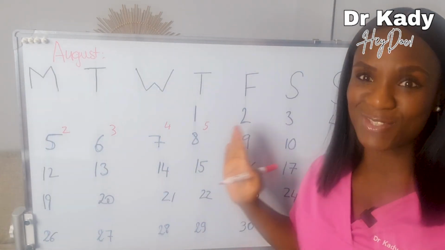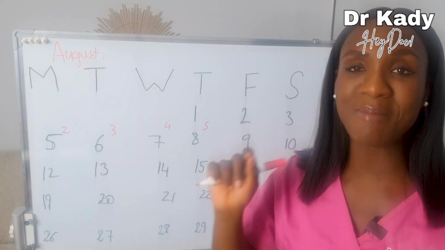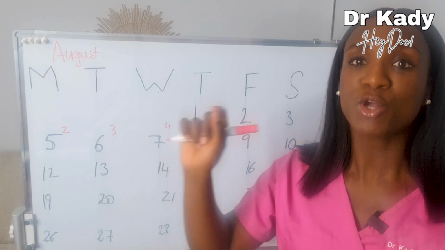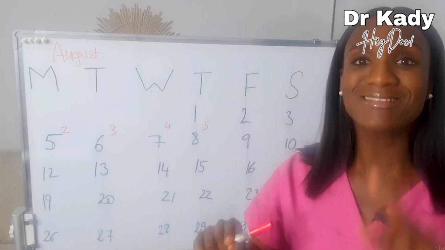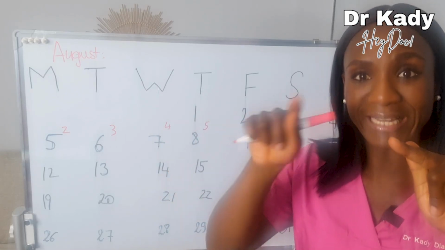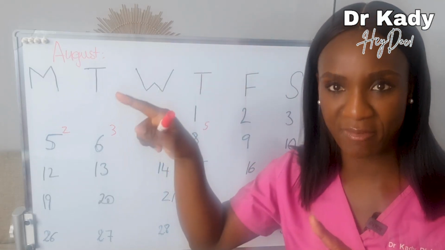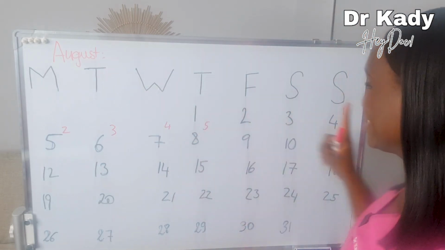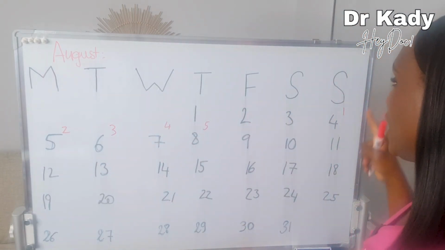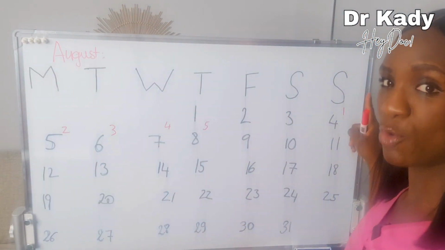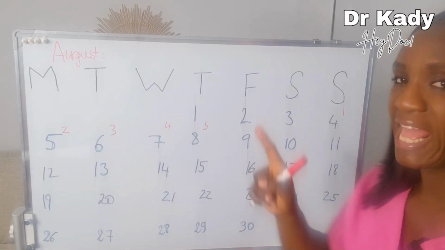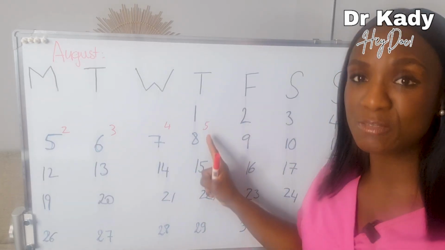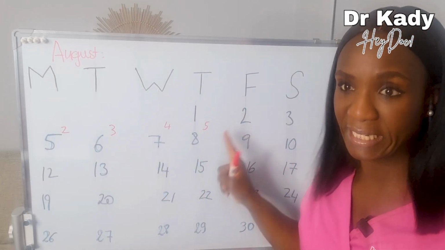However, that is not the end of your cycle. Remember, I mentioned that your cycle goes all the way through to the day before the bleeding of your next period. Okay, so this cycle that started on the 4th of August, which was your first day, is continuing despite the fact that you have stopped bleeding.